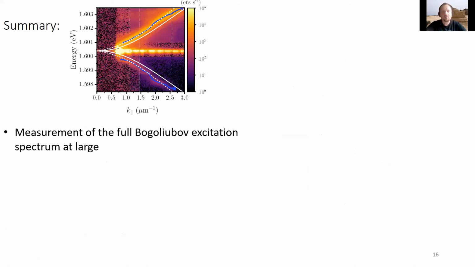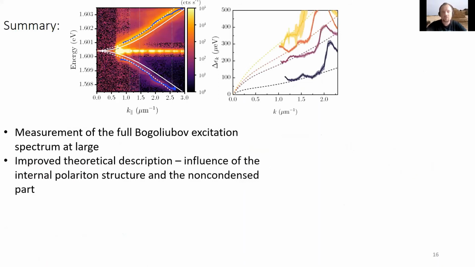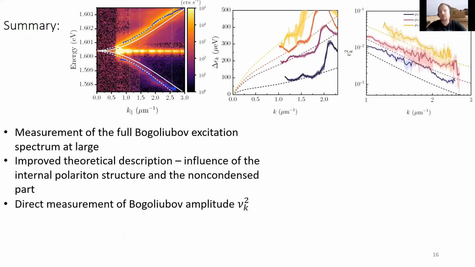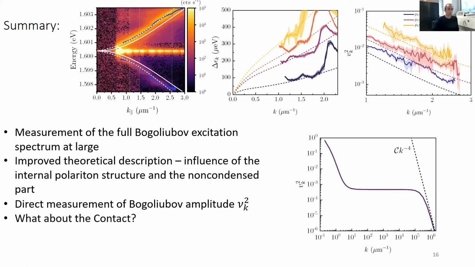So to summarize, we measured the full Bogoliubov spectrum with an improved measurement, and showed that a few things must be taken into account to understand the shape of the spectrum, and we were able to directly extract the amplitudes of the Bogoliubov transformation. The title is about the Tan contact. We were inspired by the Tan contact to measure all of these, but this theory shows that because polaritons are complex creatures, contact is mediated by excitons.